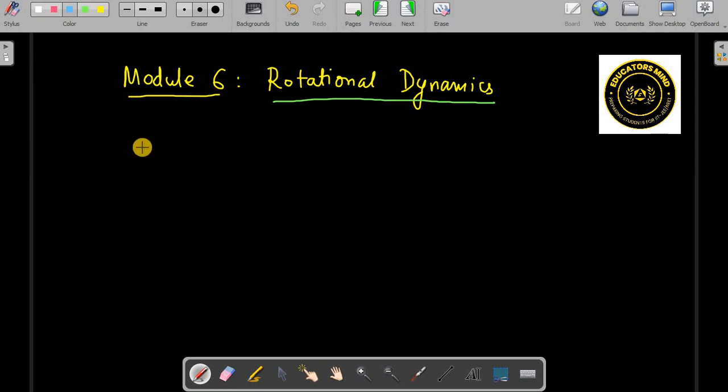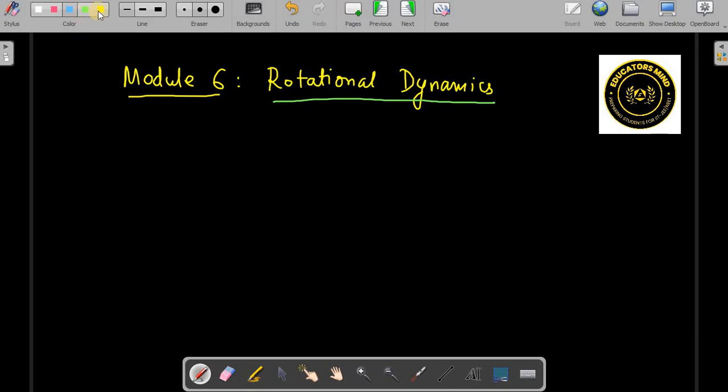So let's start. First of all, in this chapter we will discuss rotational kinematics, which is related with motion and many important terms. This chapter has a lot of applications and it's quite vast.